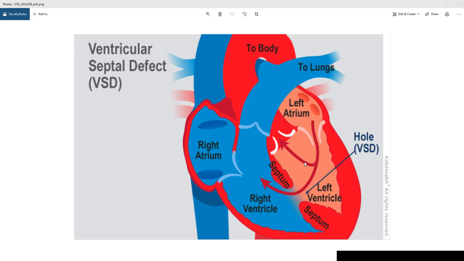Because the blood pressure in the left ventricle is higher than in the right ventricle, the blood flows from LV to RV, and there is overload in the RV. This overload goes to the lungs, and we have right side enlargement in VSD.